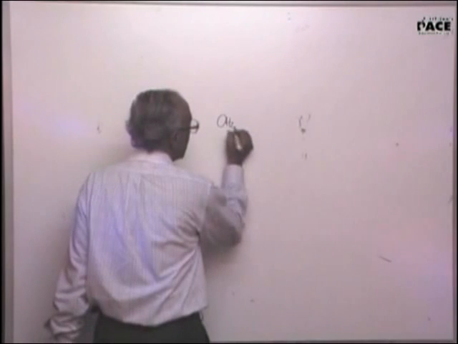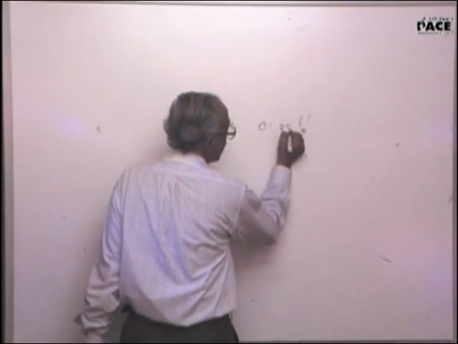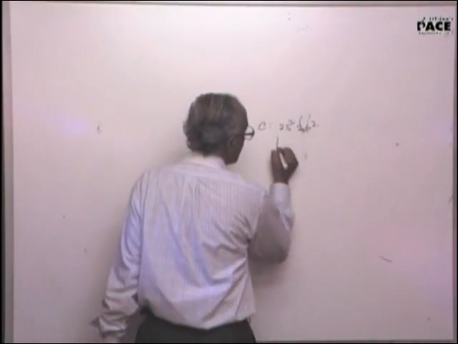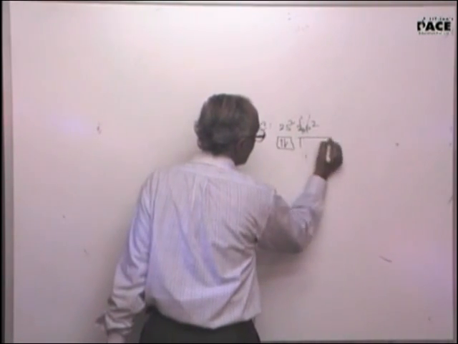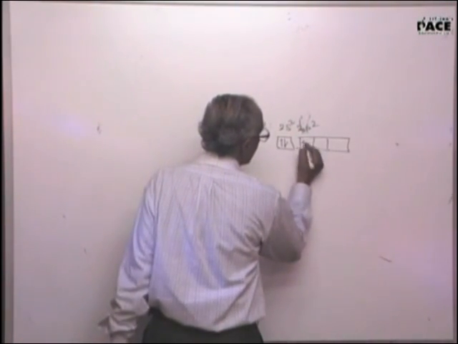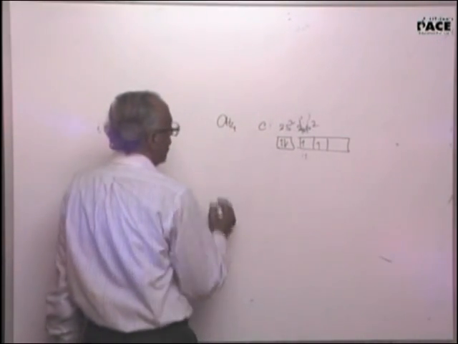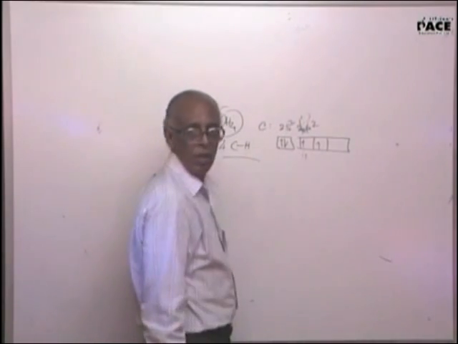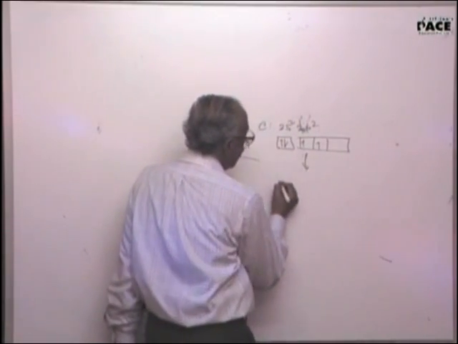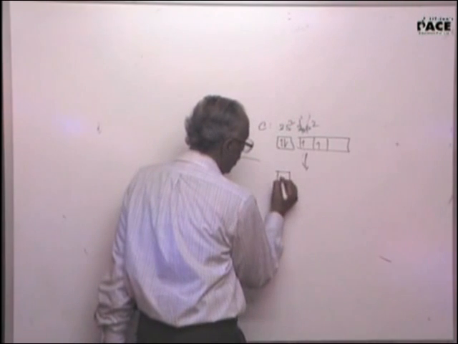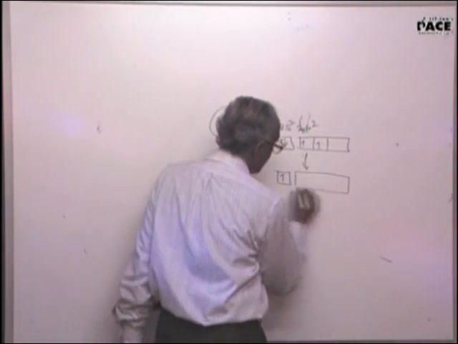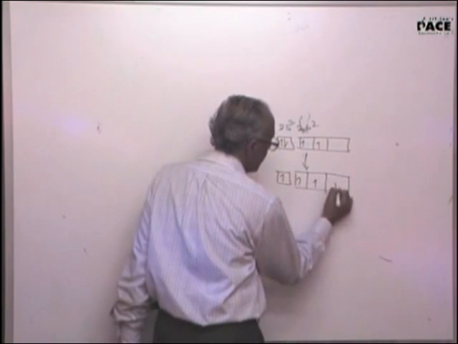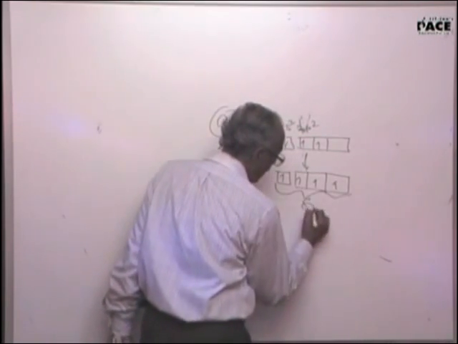Methane. Carbon is 2s2, 2p2. But methane forms 4 C-H bonds. So what we do, we shift the s electron to p, and then we hybridize to form sp3.